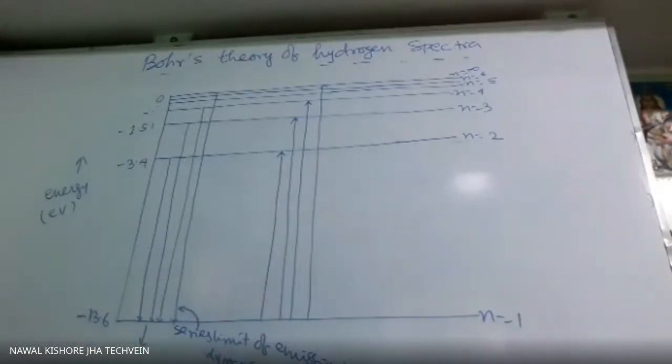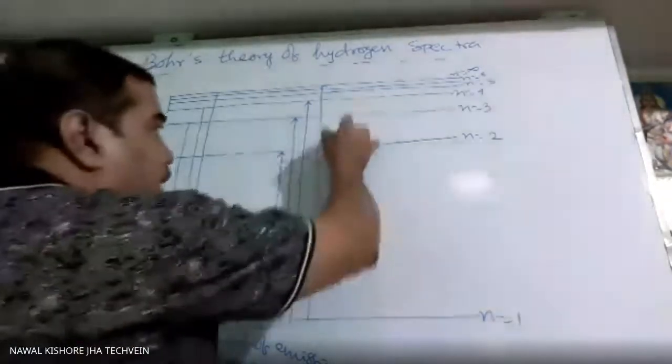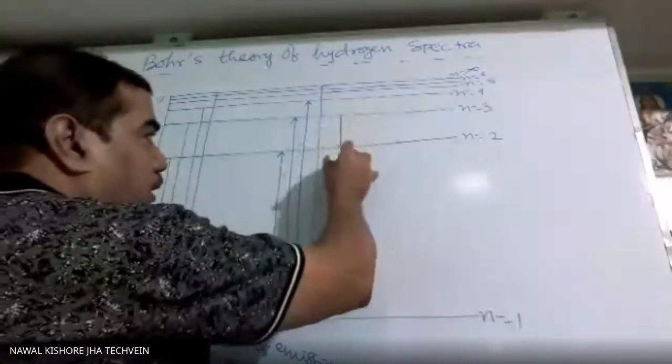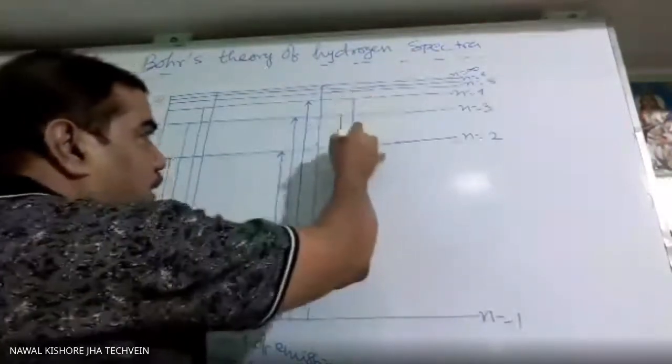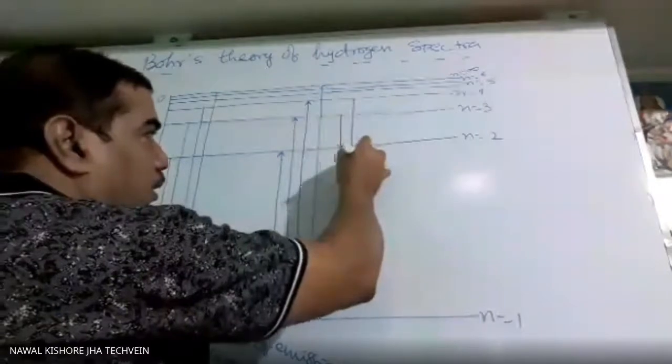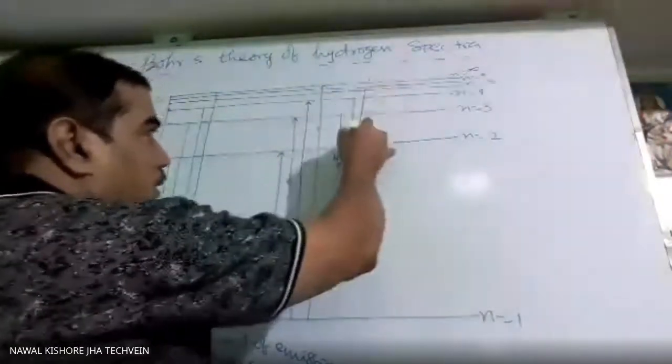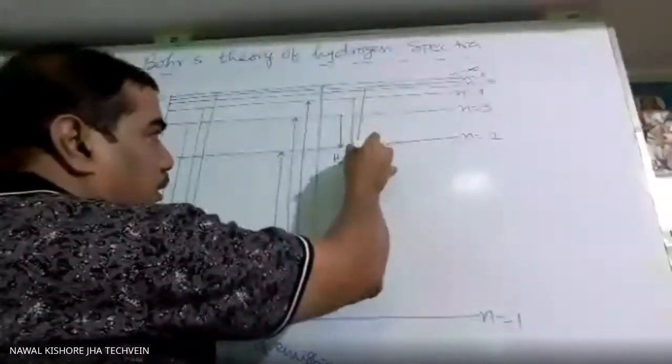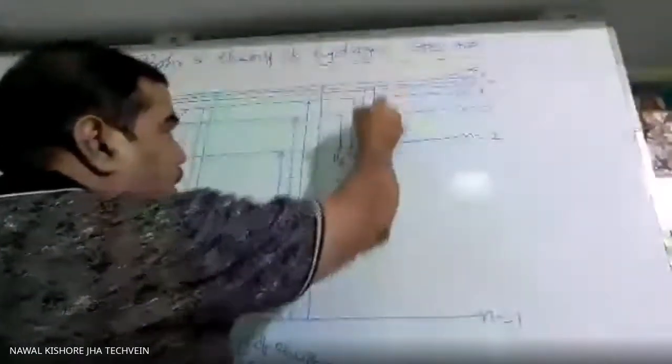Now suppose you are asked Balmer series, then what will be? This is our H alpha line. This is H beta line. This is H gamma line. This is H delta line.